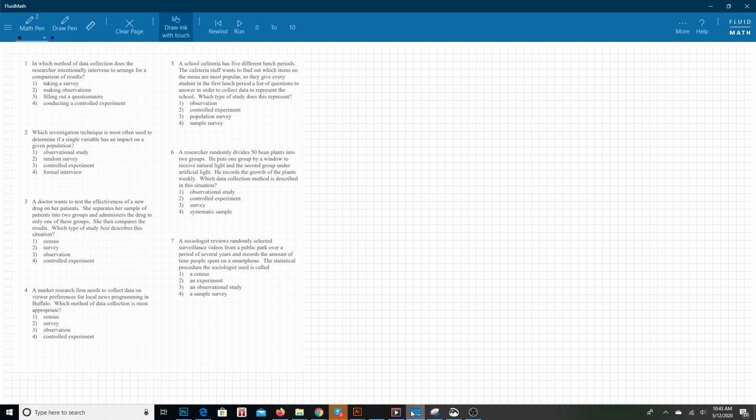And that's pretty obvious, right? Filling out a questionnaire, a researcher wouldn't intervene. Making an observation, obviously you're standing from afar. It's an easy question, easy answer. Taking a survey, no, obviously. Conducting a controlled experiment, a researcher would intervene and tell you where to go, how to sit, what to put on.